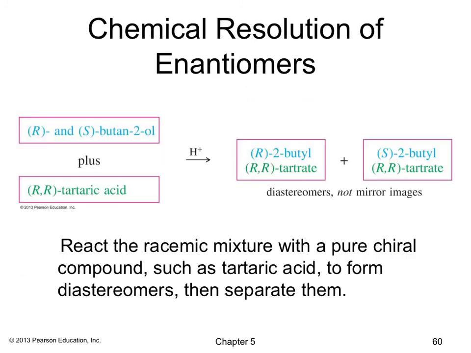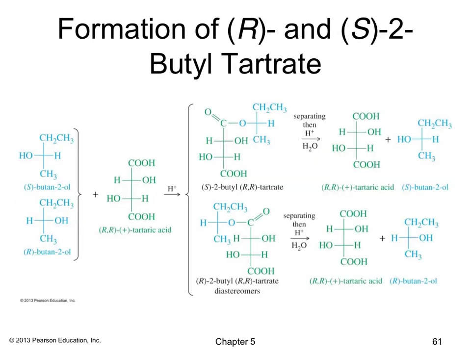But another way to separate enantiomers is to take an enantiomeric mixture and react it so that you form diastereomers. When you form diastereomers, they're not going to be mirror images, and because diastereomers have different properties, you can then separate them. So what he could have done is take the R form of tartaric acid, the plus form, and react it with a racemic mixture to form the 2 diastereomers.